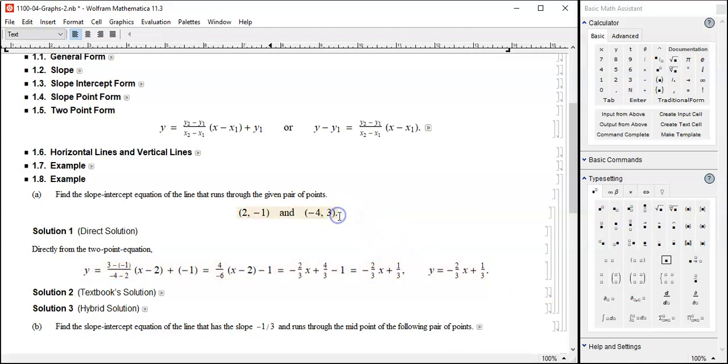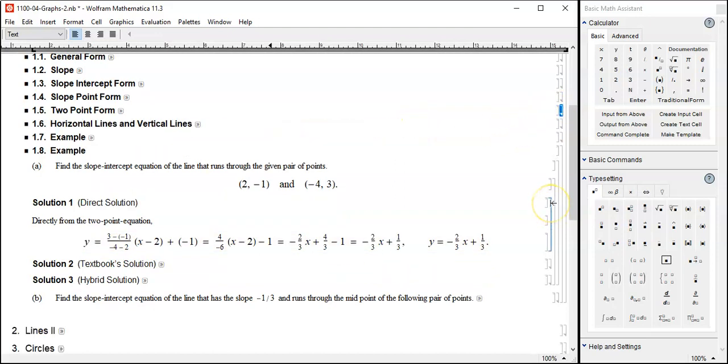Plug in (2, -1) and (-4, 3) in the right places, and then simplify those numbers, break up the parentheses, and then take the like terms. You get the slope-point equation. Excuse me, slope-intercept equation. That's a direct solution, and I like this method the best, using the 2-point form.